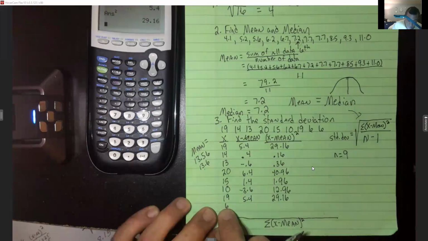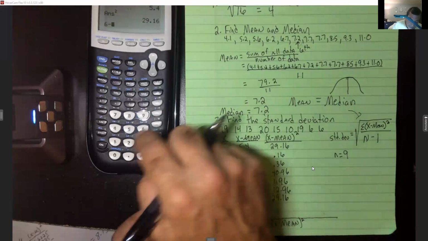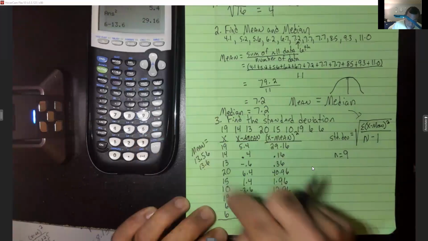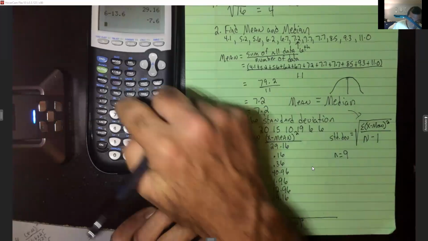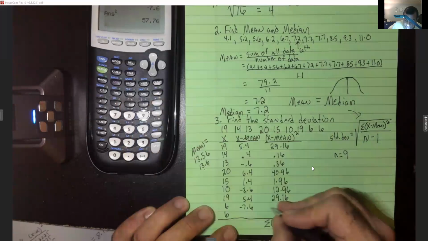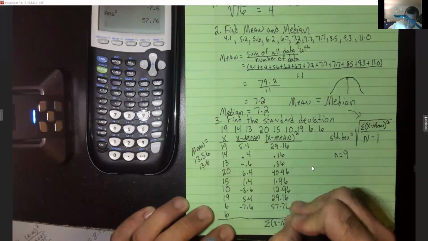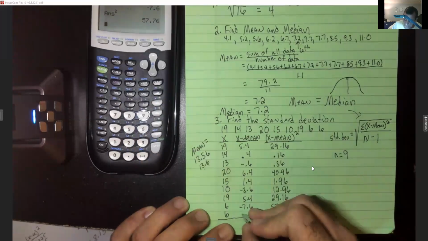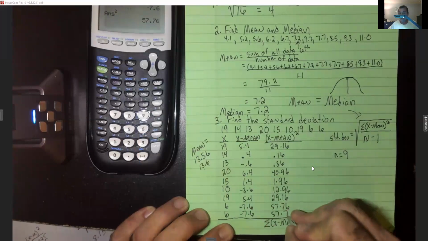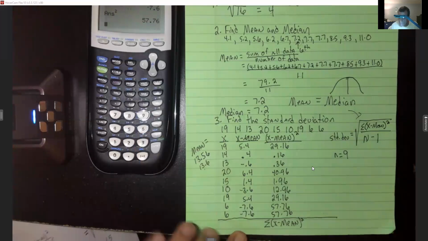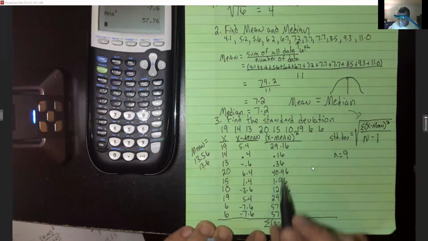So let's finish this off. 6 minus 13.6 is going to equal negative 7.6. Square that, I get 57.76. So this is the same number, so I'll have the same values, 57.76.